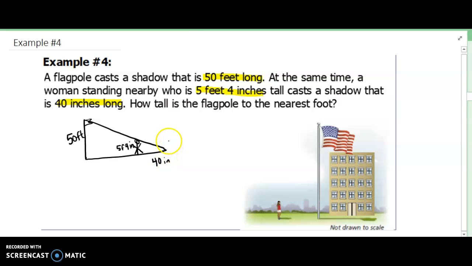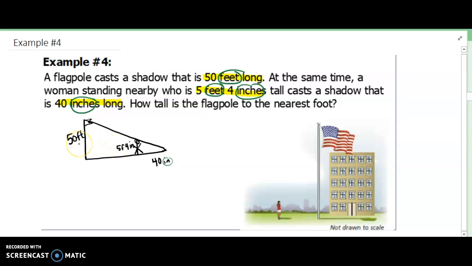Okay. Now, the first thing I notice is we have feet, we have feet and inches, and we have inches. So we are all over the place. So we first need to make all these the same measurement, convert them. So I think it'll be easier to do inches.